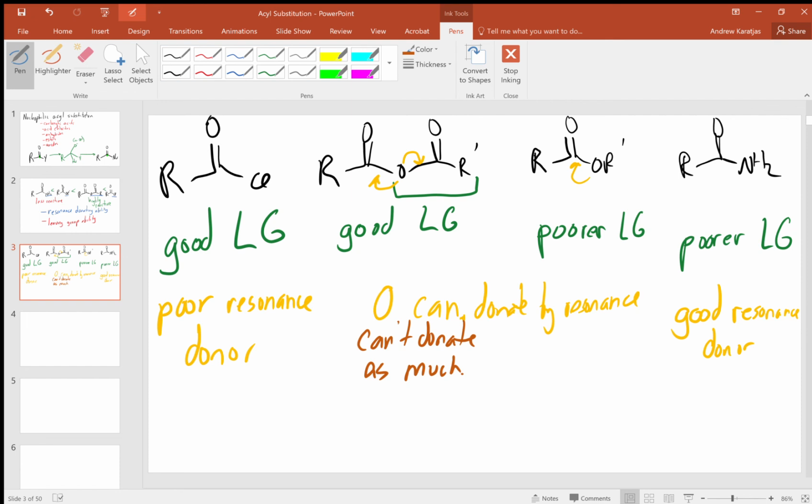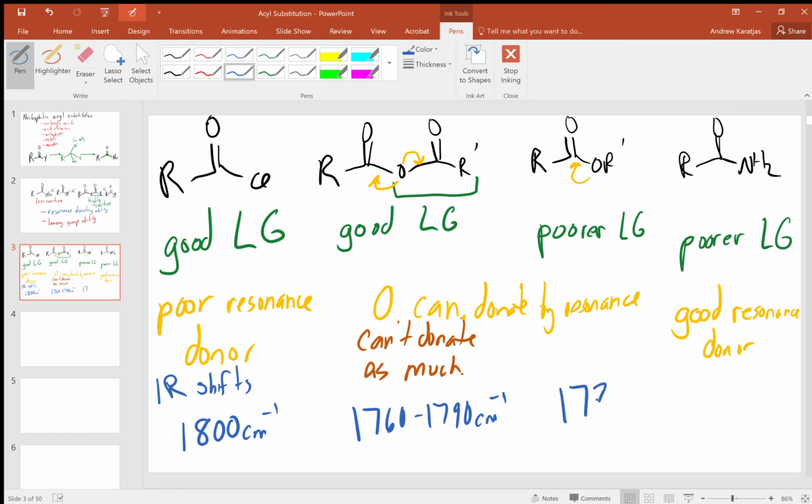Now, you might recall that these actually bear some parallels to another property that we saw. Do we remember the IR shifts for these functional groups? So an acid chloride typically shows up around 1800, anhydride slightly lower, lower yet for the ester, and down into the 1600s for the amide.